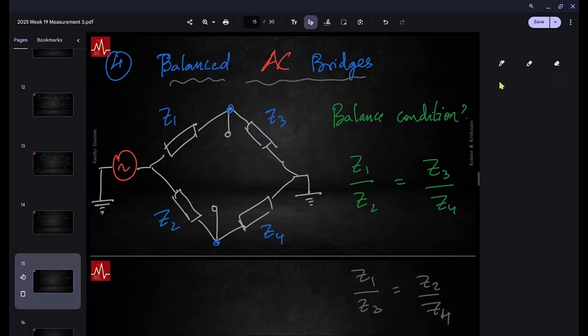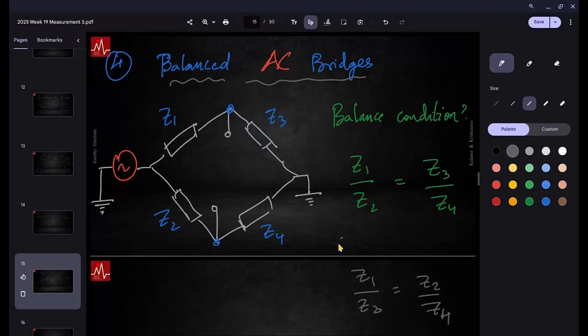What I have written in gray is equivalent. But now, these are conditions.